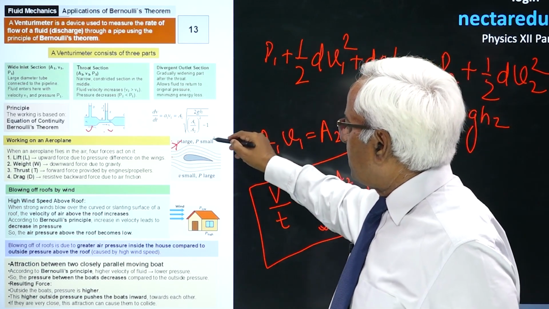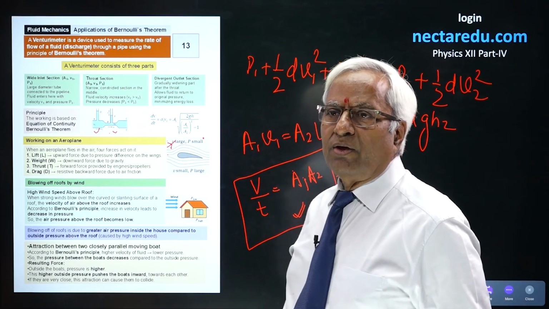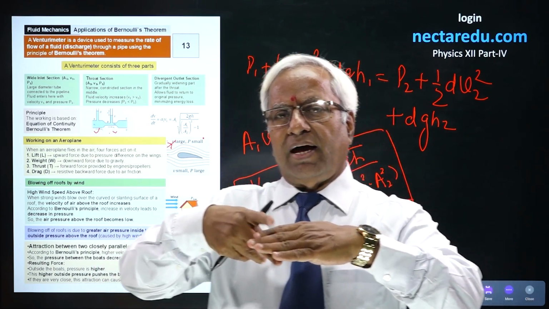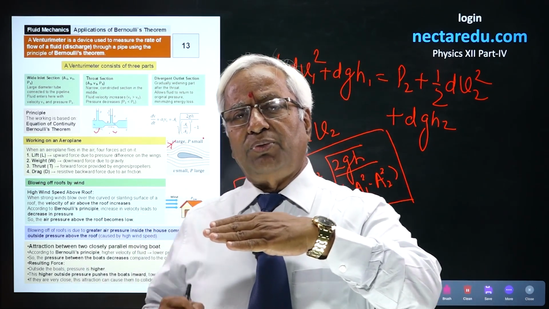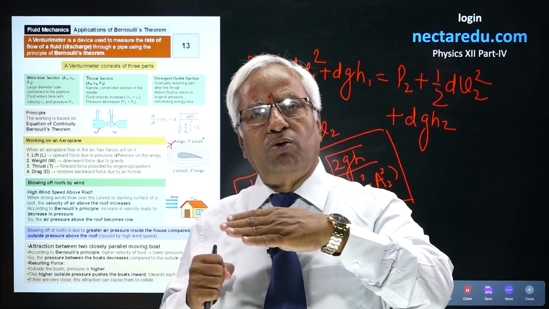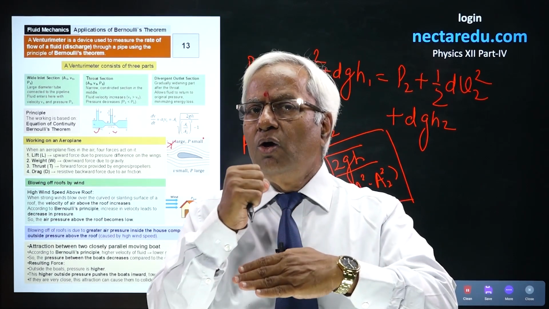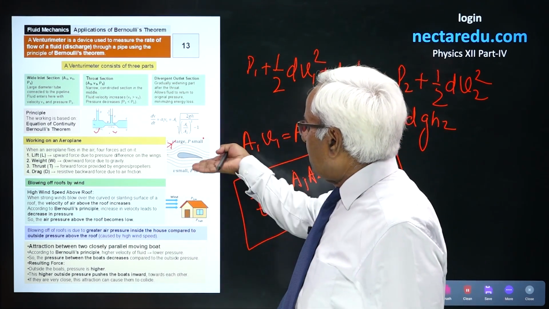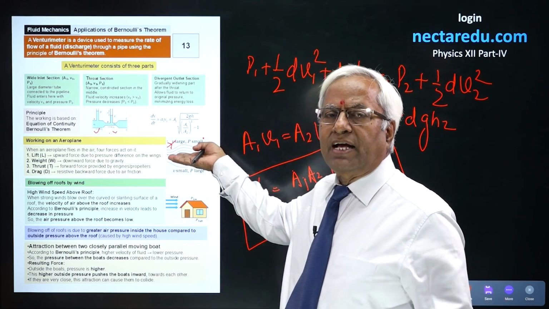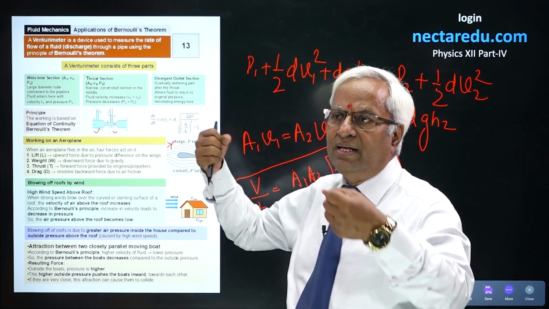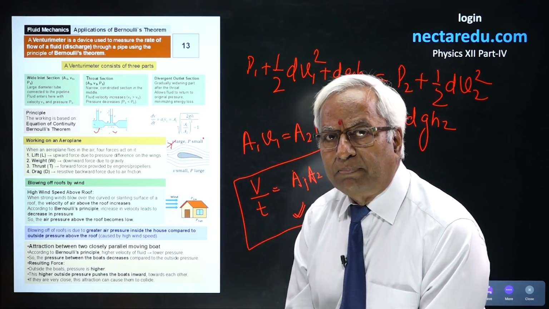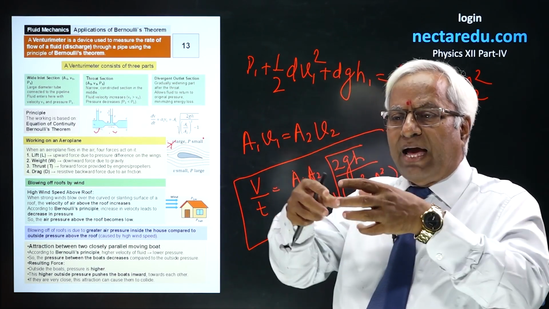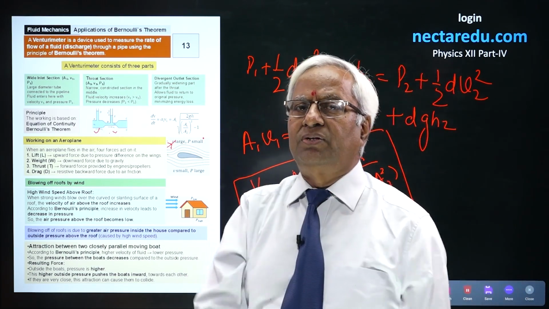Here the pressure becomes smaller. Whenever across a membrane the two sides have a pressure difference, there will always be a force from higher pressure to lower pressure. Here we have concluded that above this wing the pressure has reduced. Obviously, a force would be developed from the lower part to the upper part to balance this pressure difference.